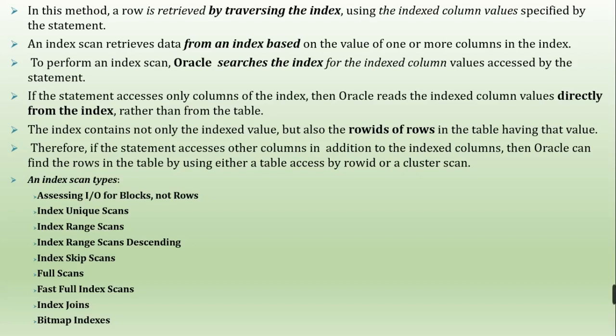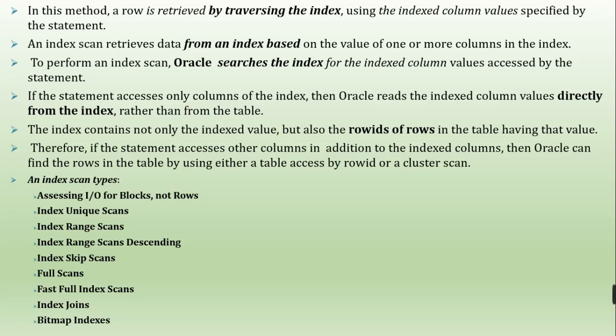If the statement accesses only columns of the index, Oracle reads the indexed column values directly from the index rather than from the table. The index contains not only the indexed value but also the row IDs of rows in the table having that value. Therefore, if the statement accesses other columns in addition to the indexed columns, Oracle can find the rows in the table by using either a table access by row ID or a cluster scan.